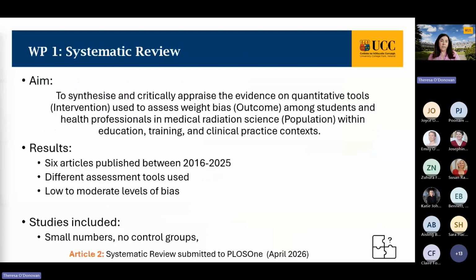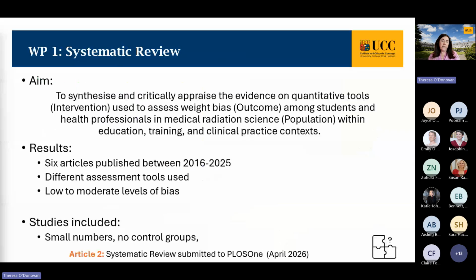We have completed this review. There were 6 articles published within the last 10 years, and we found a huge variety in the assessment tools that were used, and they demonstrated low to moderate levels of bias depending on the type of tool that was used.